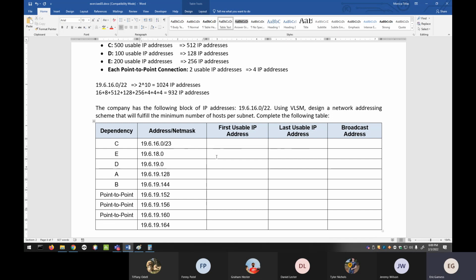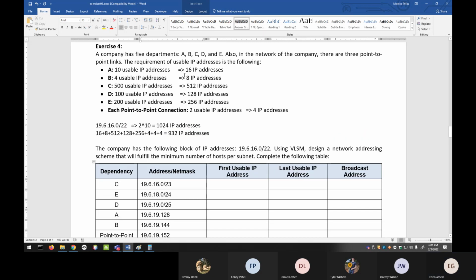Okay, E needs 256 IP addresses. What will be the subnet mask? 24. D needs 128 IP addresses. It will be what? 25, correct. A needs 16 IP addresses.